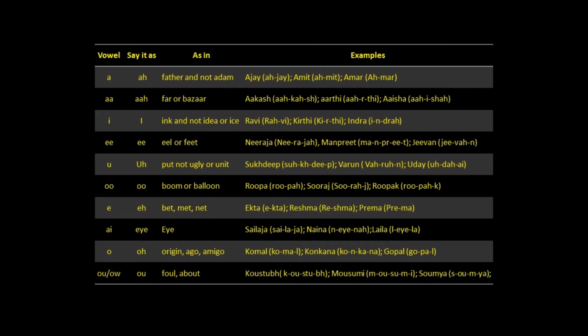Whenever you encounter vowels in a name, pronounce them as A: Ajay, Amit, Amar; A: Akash, Aarti, Aisha; E: Ravi, Kirti, Indra; E: Nirja, Manpreet, Jeevan; U: Sukhdeep, Varun, Uday; U: Rupa, Suraj, Rupak; A: Ekta, Reshma, Prema; I as in Sailaja, Naina, Laila; O: Komal, Konkana, Gopal; Au for Kaustubh, Maushmi, Soumya.